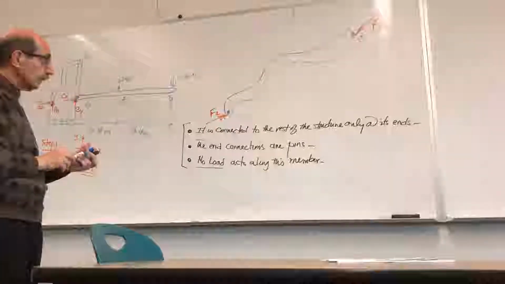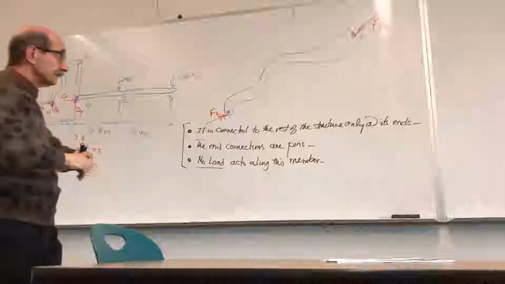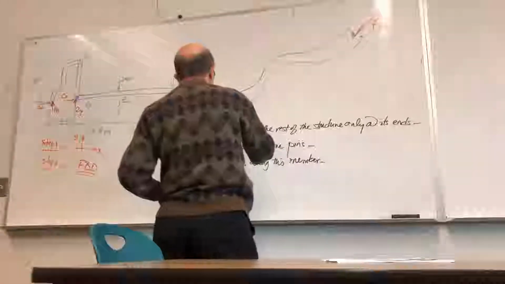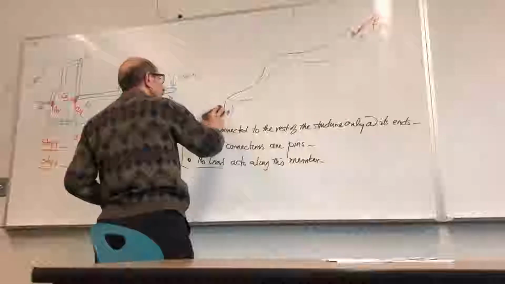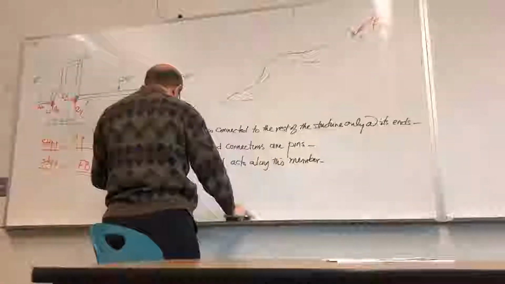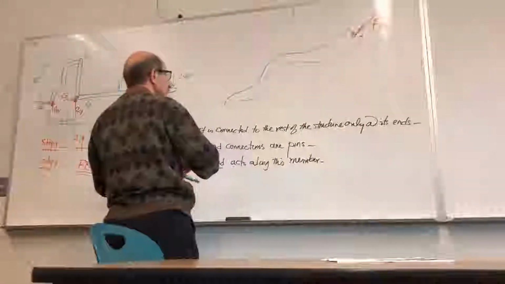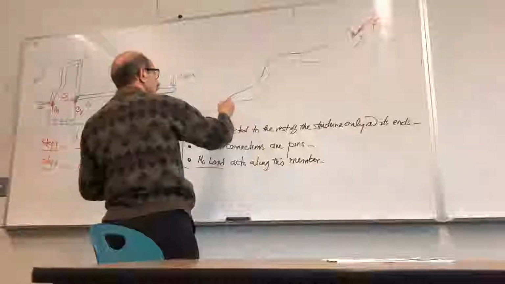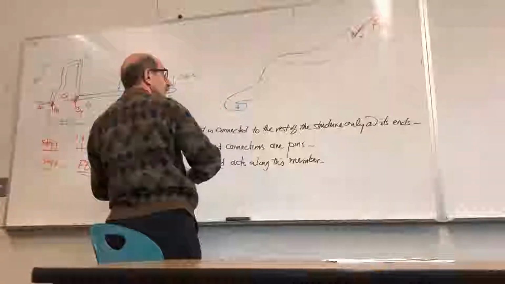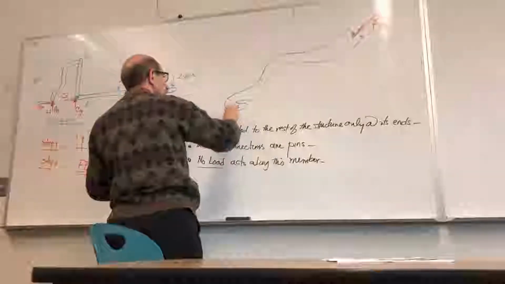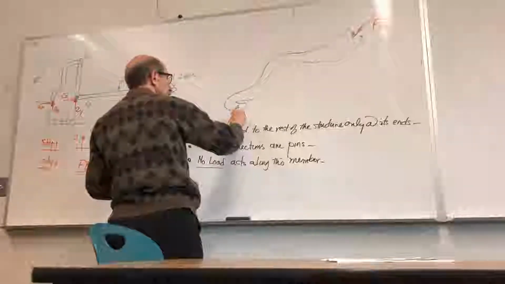I will draw a straight line that, let me move this a little bit, make it a little bit like this so that I have room here. So this was this other force, F2.